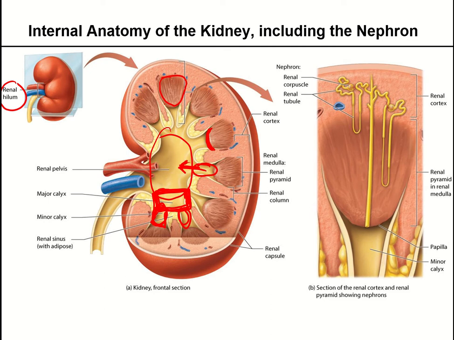And so we're going to take a closer look at the microanatomy in just a second, but just keep in mind when we zoom in on what's happening, the papilla, the cup-like portion here, the minor calyx, which is collecting urine here, and all of this portion of the collecting duct will be in the renal pyramid of the medulla. And in the cortex region, we're going to see a majority of the parts of our nephron.